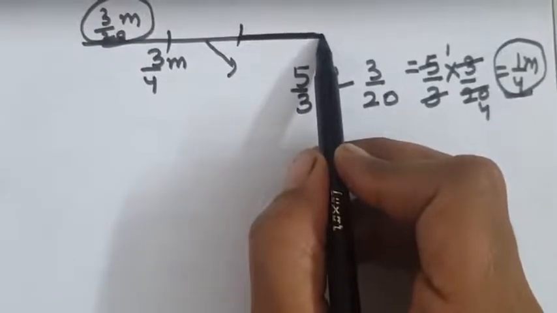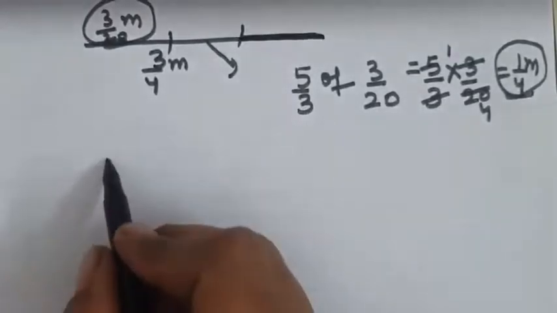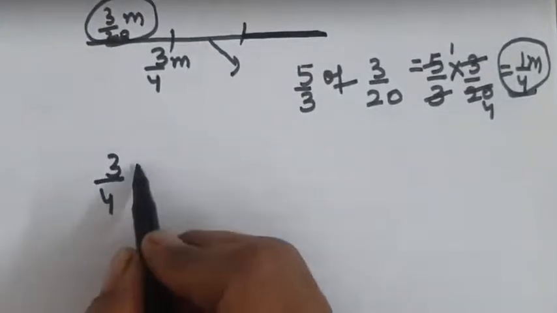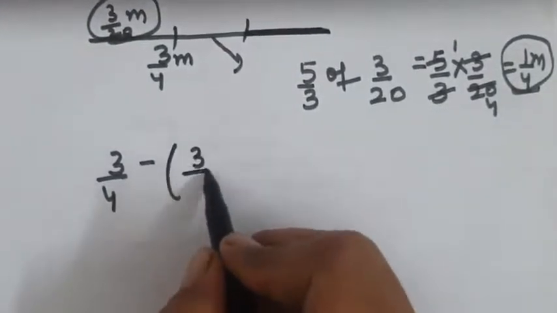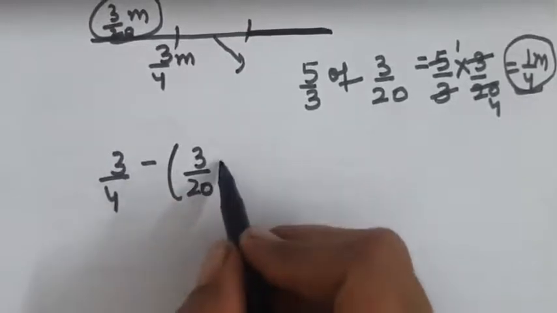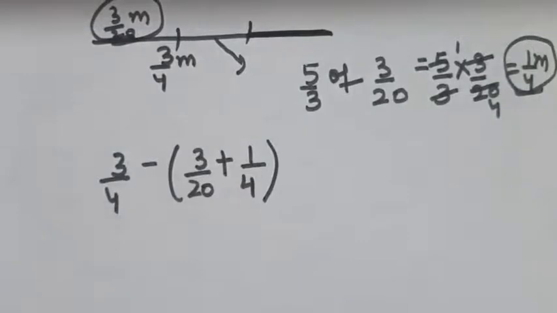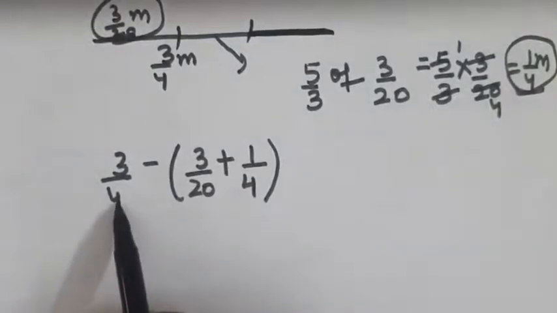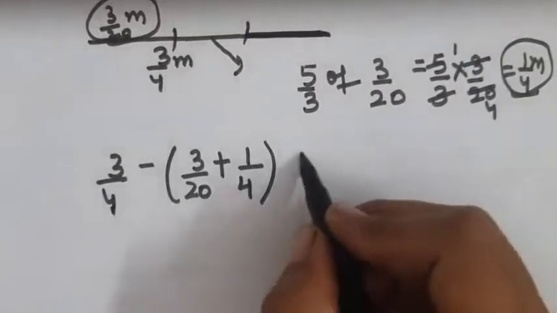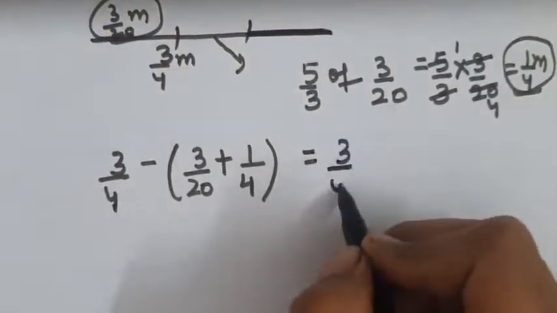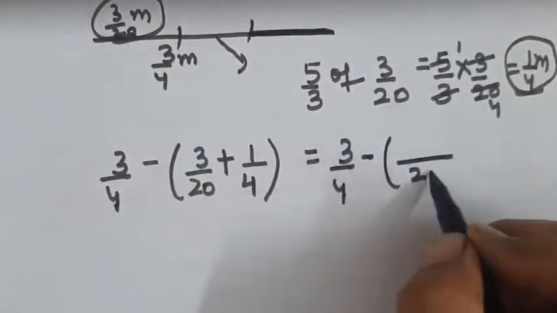So what will we do? We will subtract the sum of the lengths of the first and second pieces from the total length of the wire, and we will get the length of the third piece.